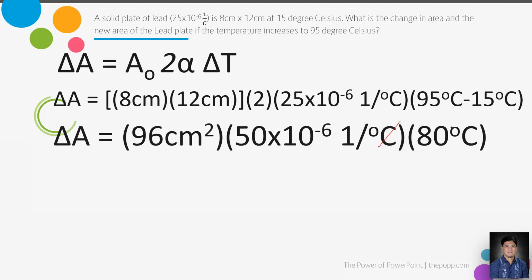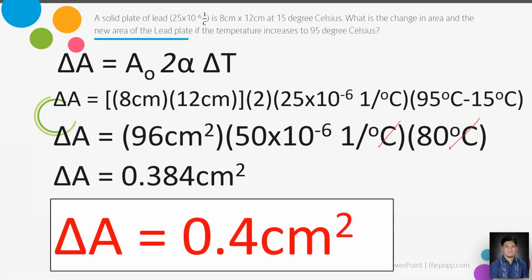So cancel yung degrees Celsius. So simplify natin, it has a value of 0.384. So since the least number of significant figure is 1, round this to one significant figure, and that is equal to 0.4 square centimeters. So ito yung kanyang change in area.